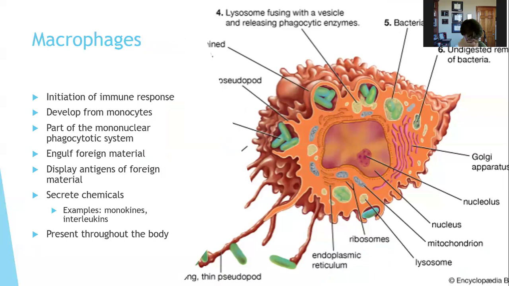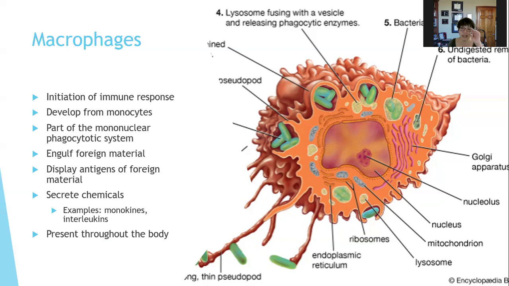So the cells of the immune system include macrophages. Macrophages are pretty handy little cells. They're just cruising around in the circulatory system waiting for something to happen. So the macrophages are critical in the initiation of the immune response. They develop from monocytes.